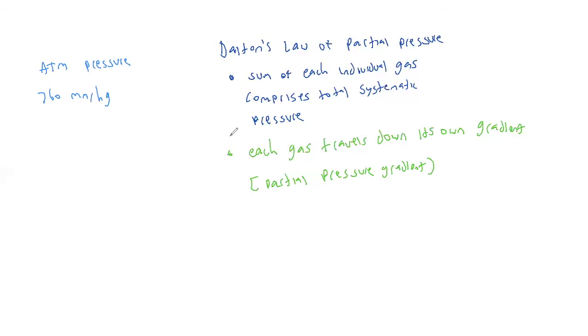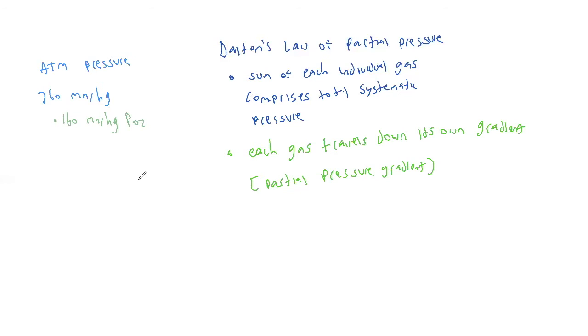It's very stable, and it's very non-reactive. But about, I would say, 20% of the atmospheric pressure is going to be oxygen. So let me multiply that. Oxygen is going to be about 160 millimeters of mercury. That is the partial pressure of oxygen in the system.